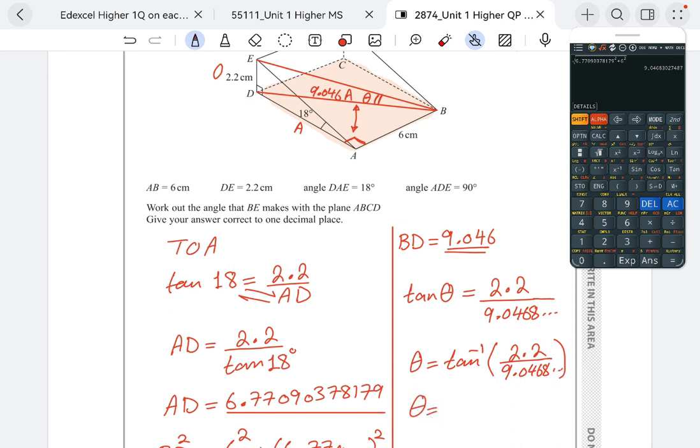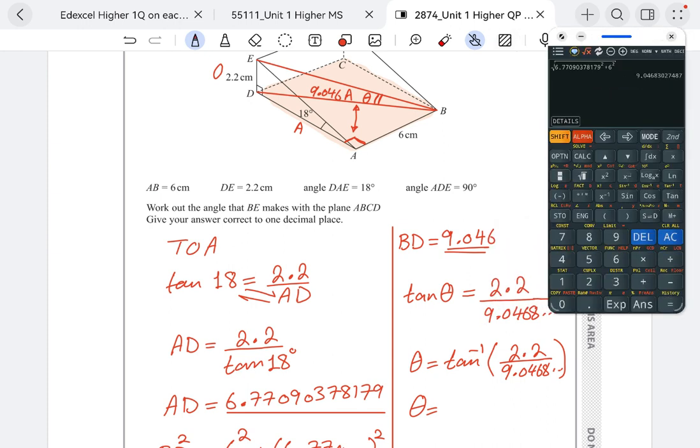Let us try to find theta. So your last answer was 9.04 and so on. I will say 2.2 divided by my answer. This ends up with 0.243. I don't want this calculation, I want tan inverse. So I will say shift and tan. This is tan inverse of the last answer.